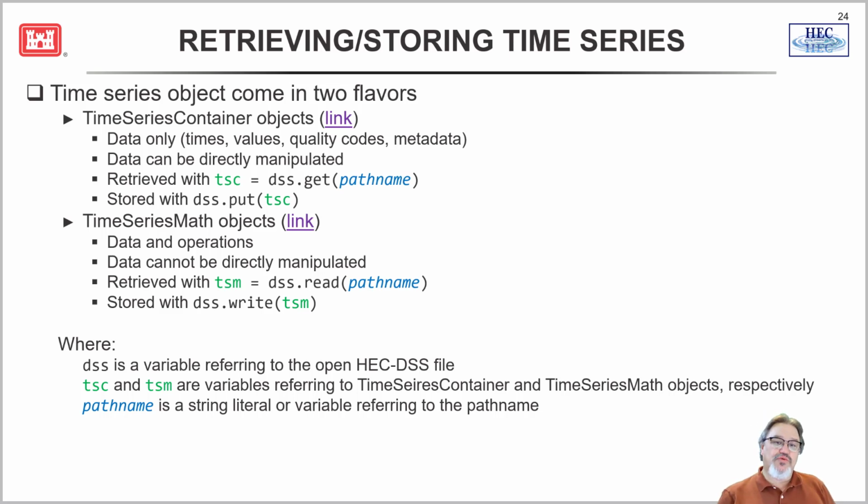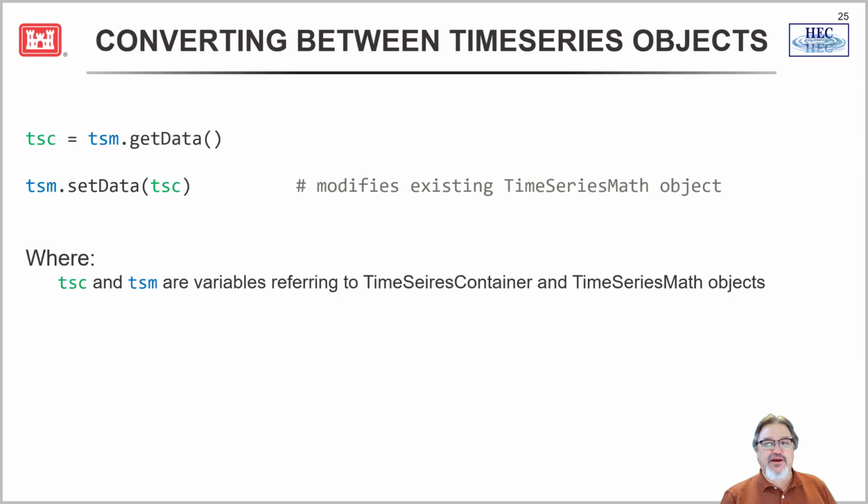Okay, so we have two different types of time series objects, and we can convert between them. If we have a time series math, we can call .getData on that without any arguments or parameters in the method, and it will return us the internal data, the time series container object. So if we have a time series math, TSM, we say tsm.getData, and that returns us a time series container.